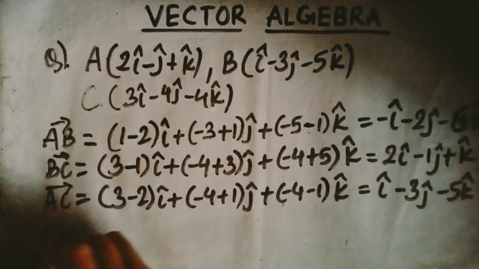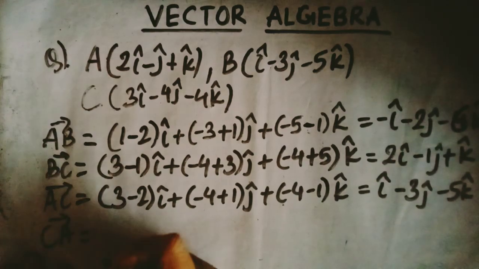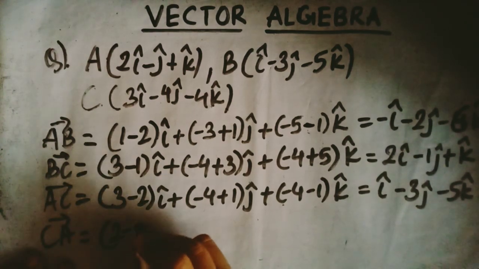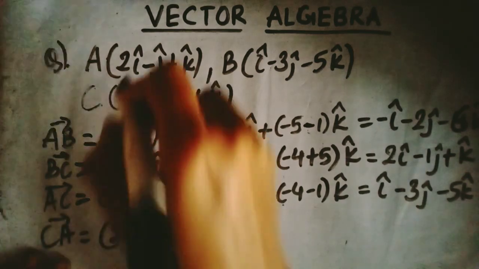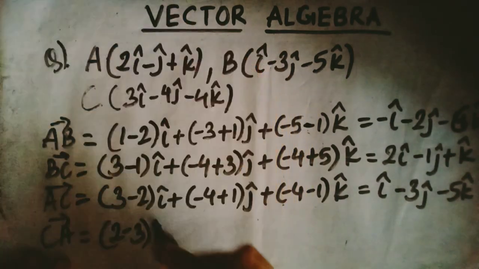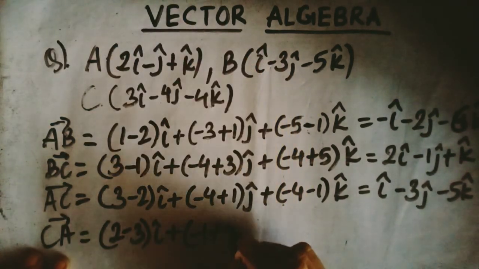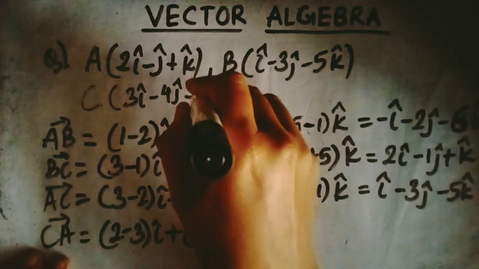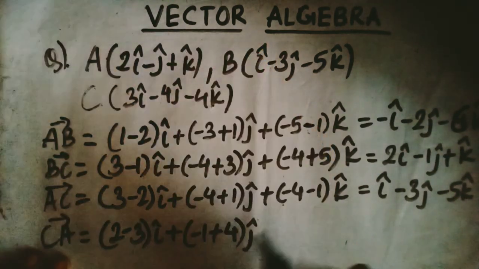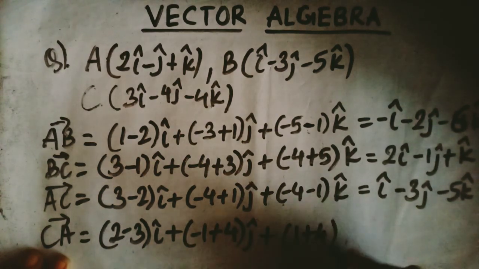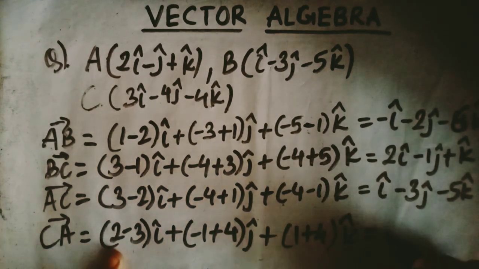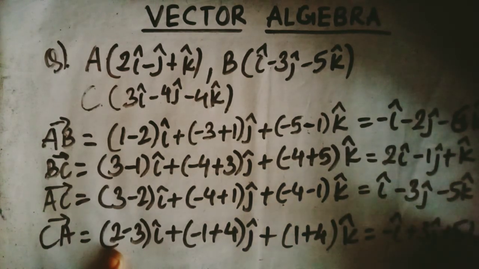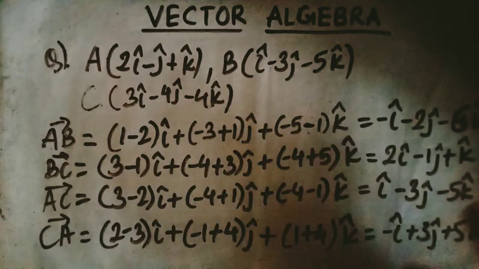So I'll write CA also: 2 minus 3i, minus 1 plus 4j and 1 plus 4k. So this is your minus i plus 3j and plus 5k. Both are the same, only the direction is different.